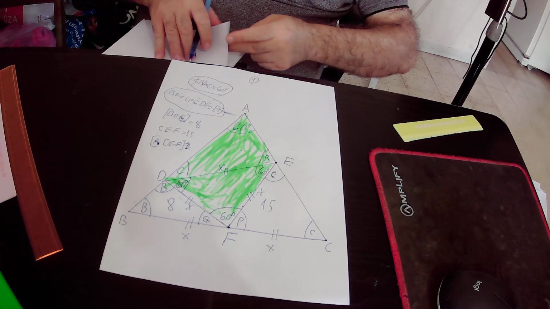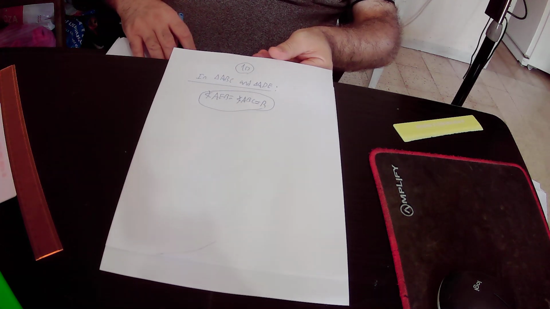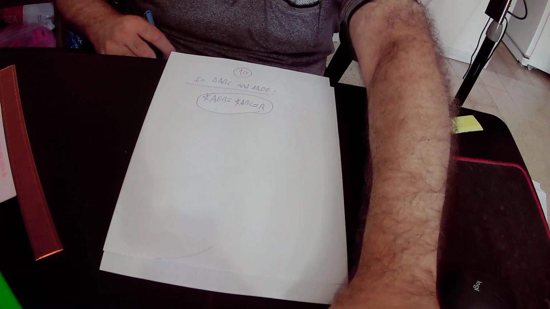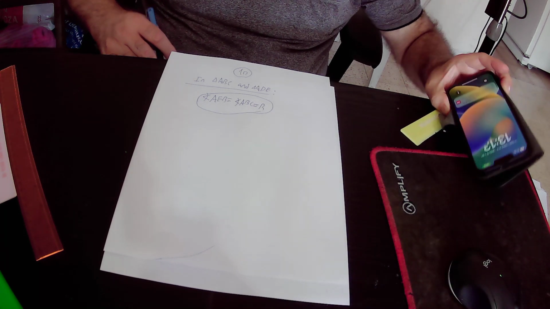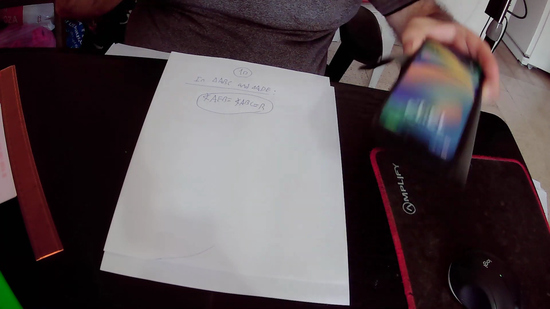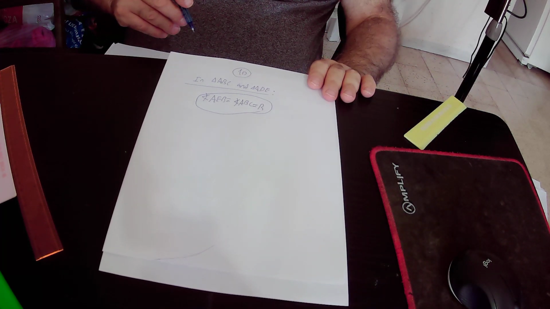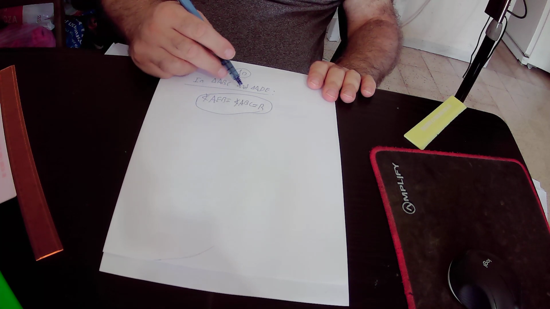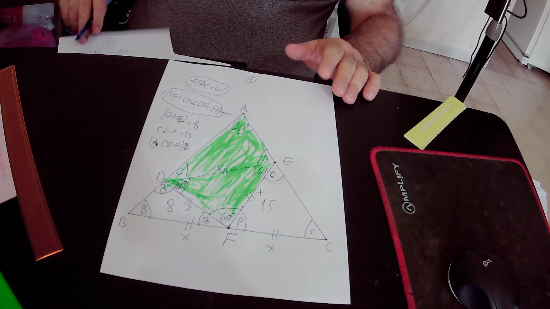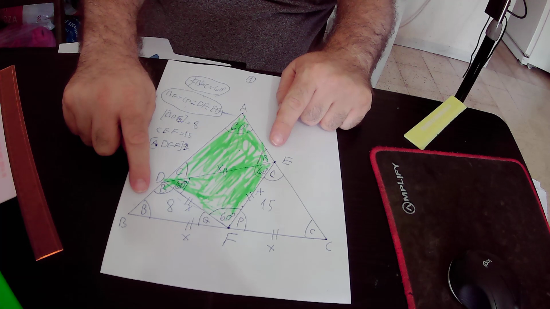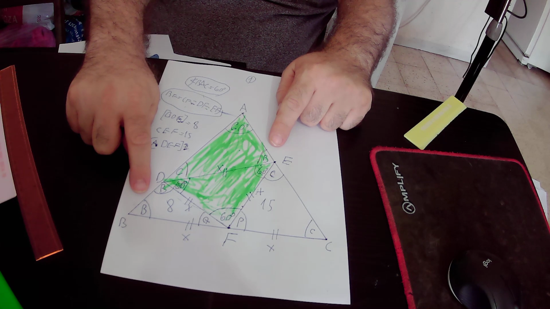Again, angle AED in triangle ADE equals angle ABC, and both those two angles are equal to B, and they are equal to each other.